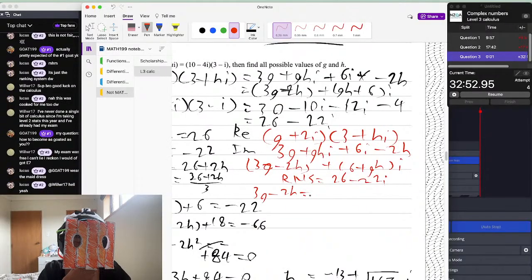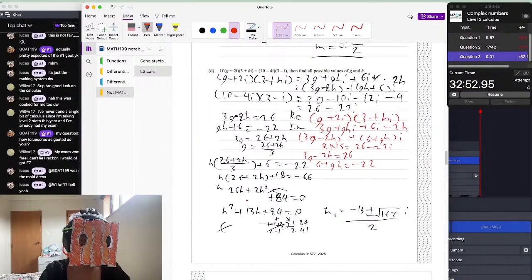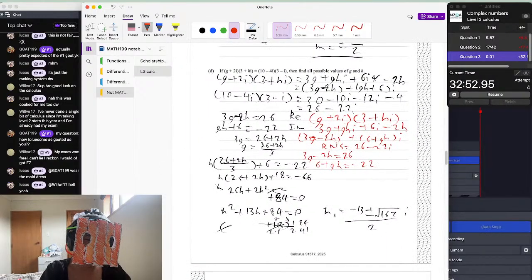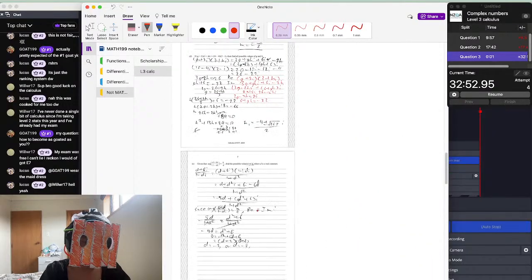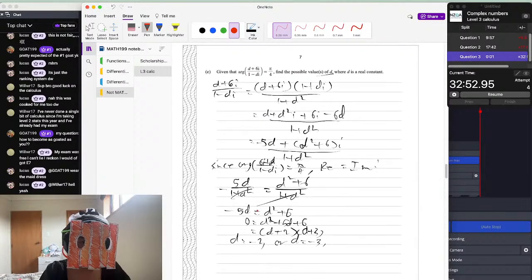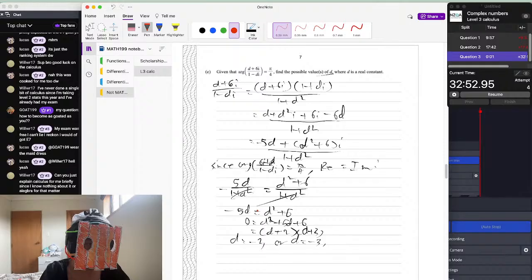G minus 2H equals 26. 6 plus GH equals minus 22. Oh, is it? Okay. Sweet. And just need to see if this is correct. Yep, rationalized. D plus 6i plus D squared i, 6i minus 6D. That is correct.